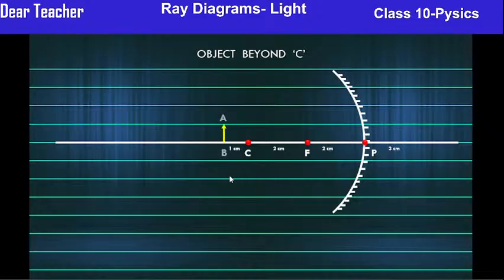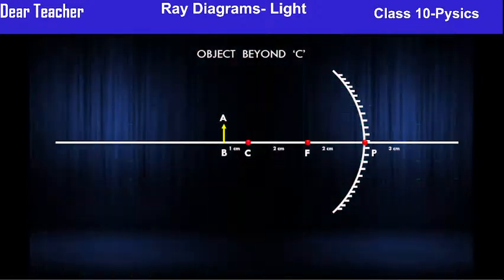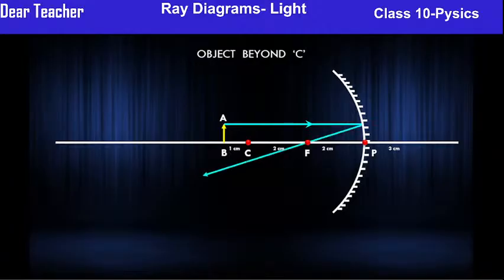So this object is AB, it is beyond C. Now what you have to do is draw a parallel line from A, so that it will pass through the focus. This is the first ray you have to draw. If you draw everything specifically with a scale and measure everything perfectly, then your image formation also will be perfect.